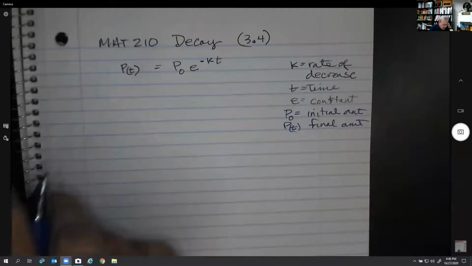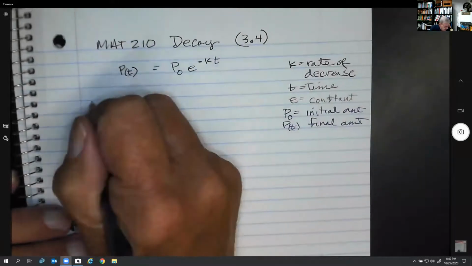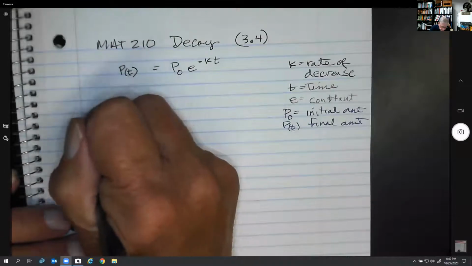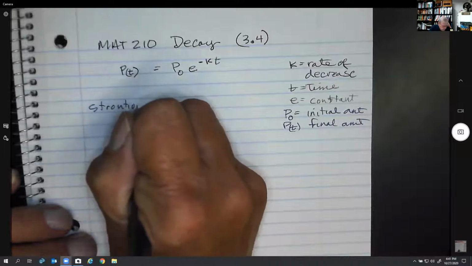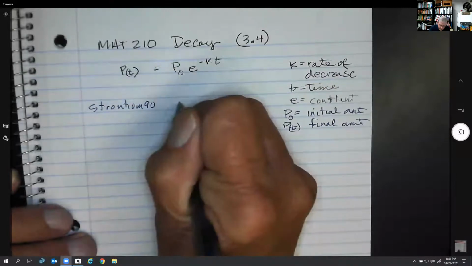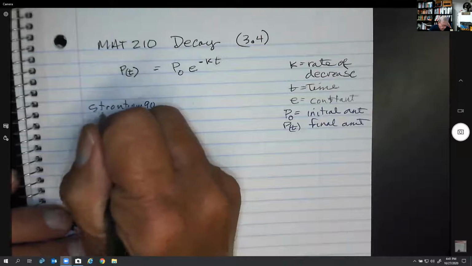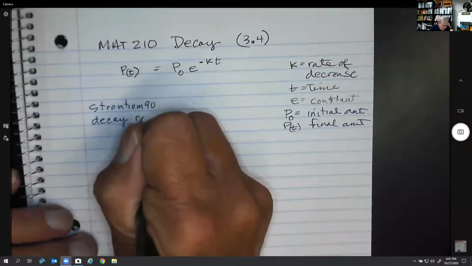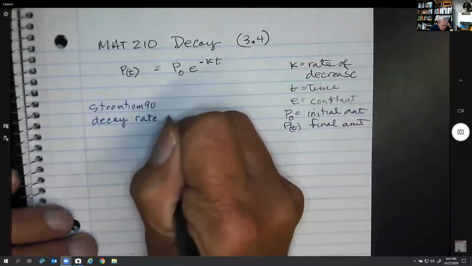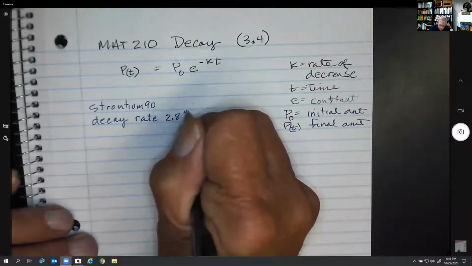So in your book, they have, I think, strontium 90. And it has a decay rate of 2.8% per year.